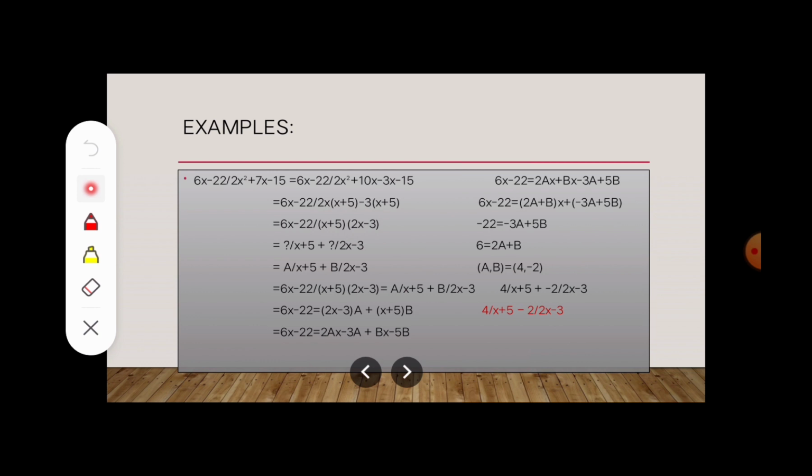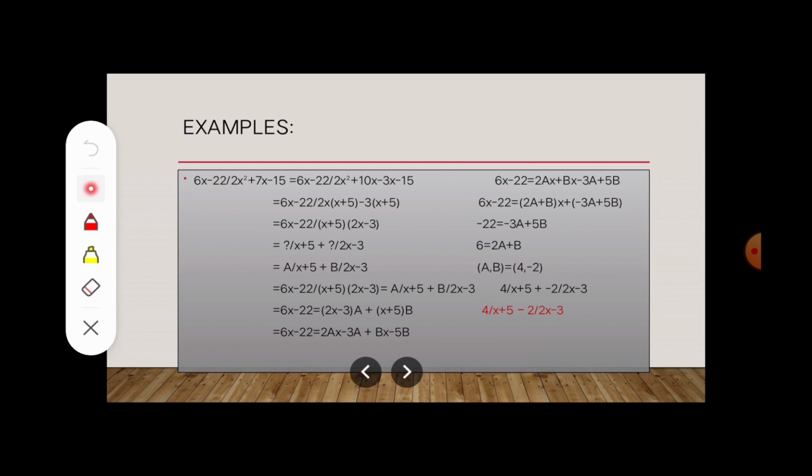Then for each factor in the denominator, write a new fraction using the factors as new denominators. The numerators are unknown values. So we have this numerator unknown over x plus 5 plus unknown over 2x minus 3.